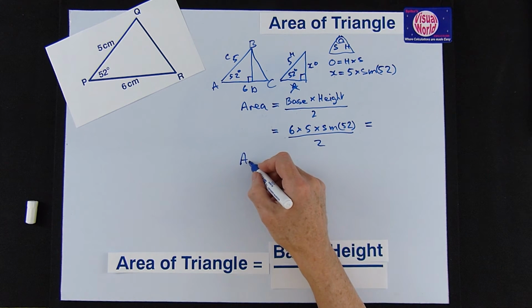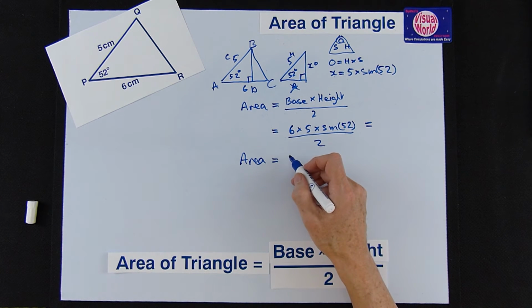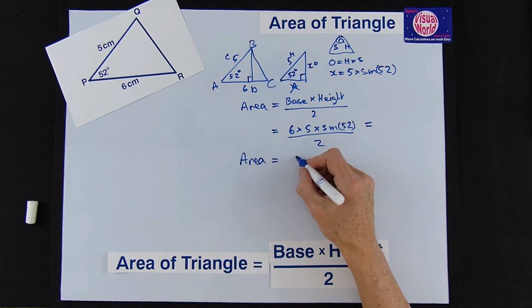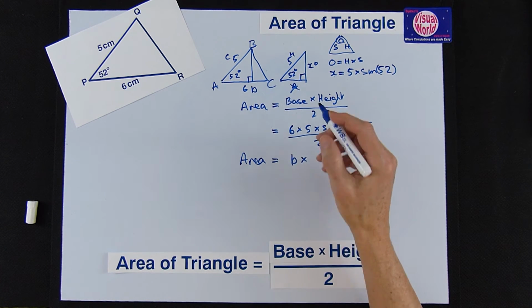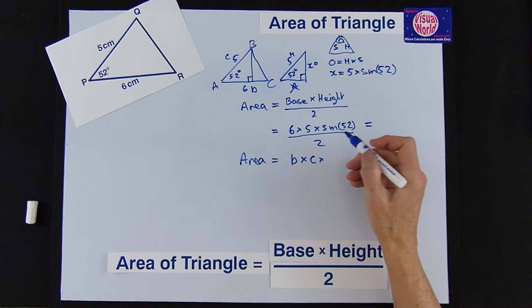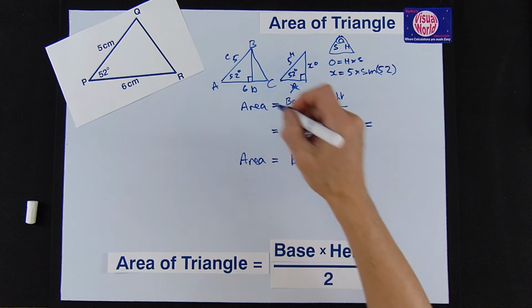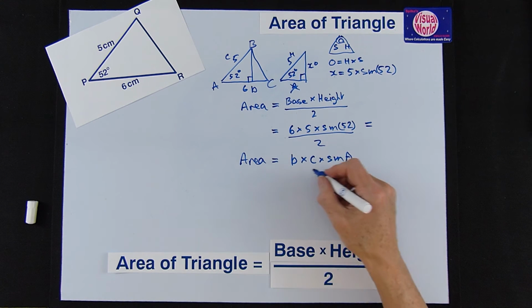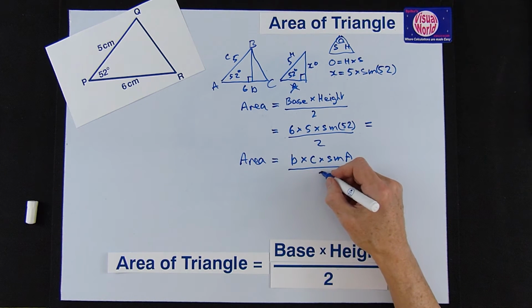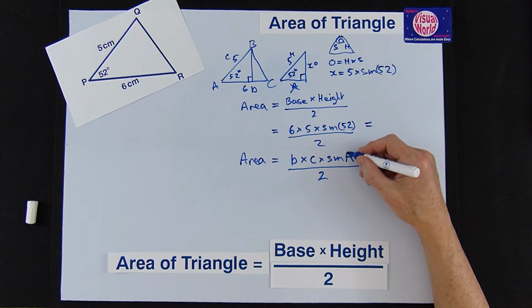So we've got area equals, and we've got 6 is b, times 5, which is c, times sine of the angle A, and this is all over 2. And that's the formula that you're going to use.